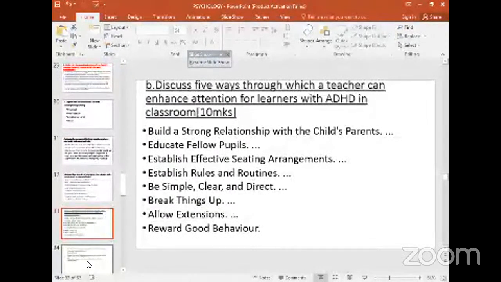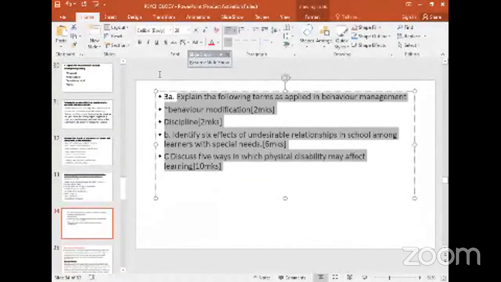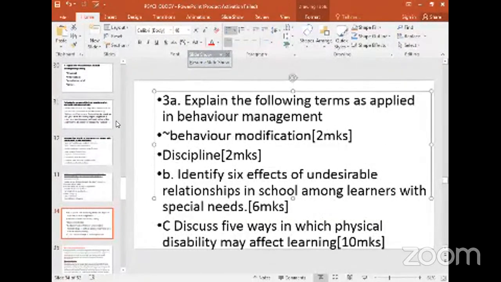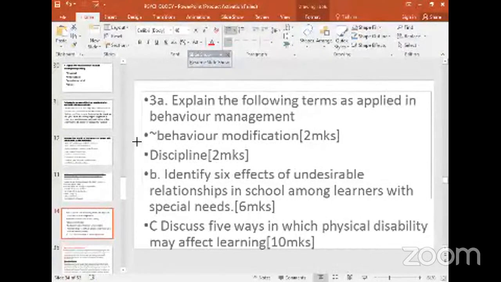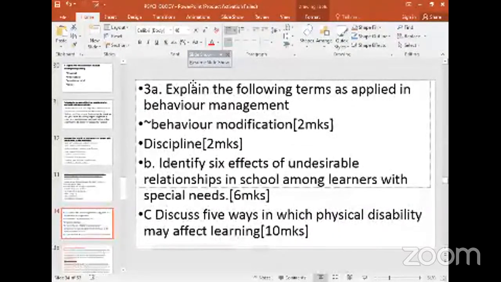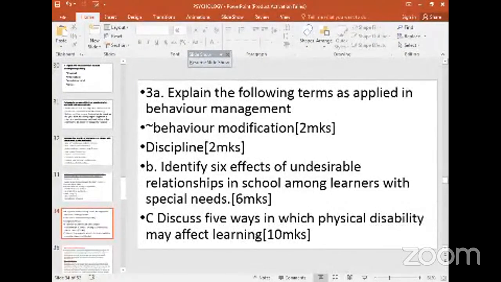Now, I want us to look at question number 3. Let me just increase the fonts. Explain the following terms as applied in behavior management.